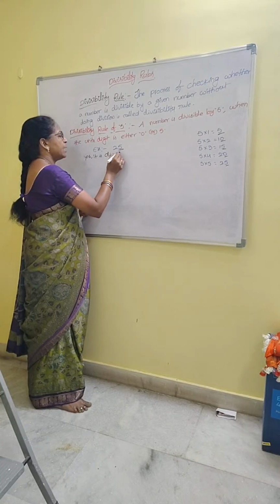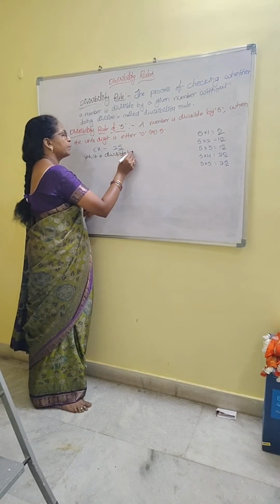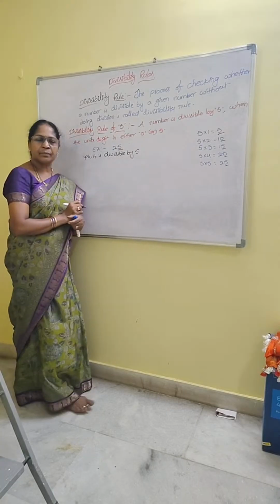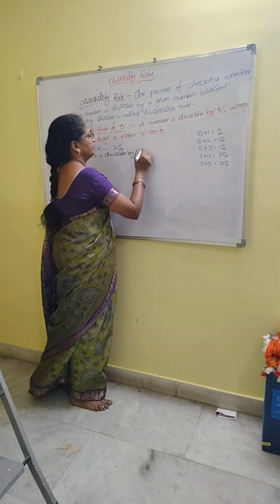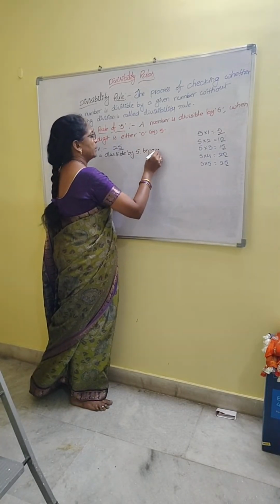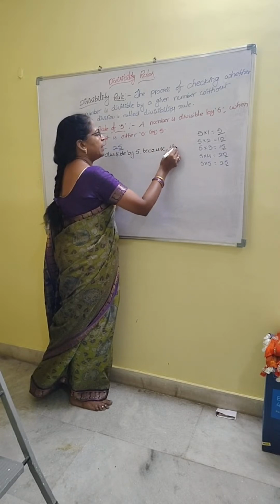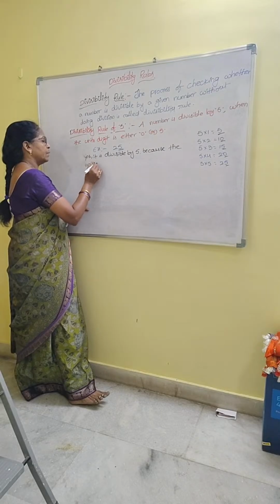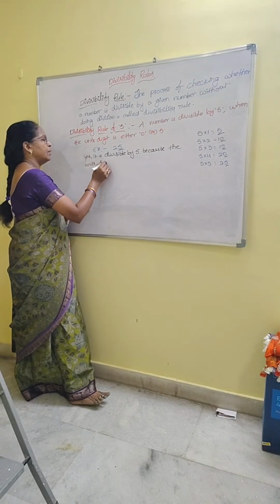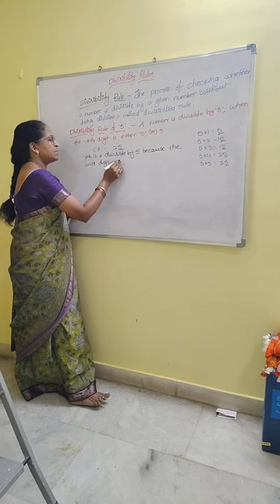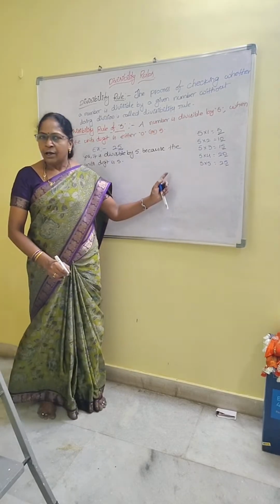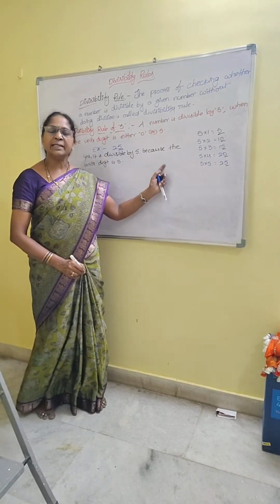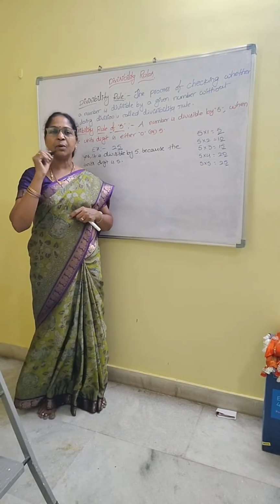Why? Because the unit digit is 5. Due to that, you can say that yes, the given number is divisible by 5.